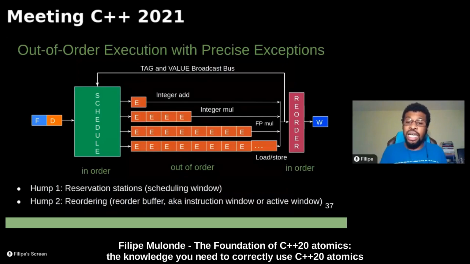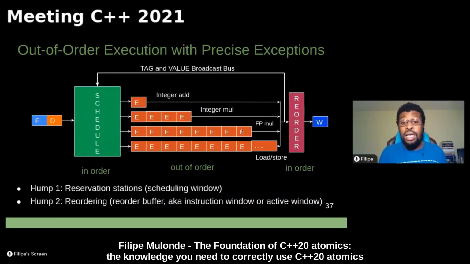The only thing is that we respect the flow dependencies, the true dependencies, but we will execute instructions out of order. We will not follow the program order. The only requirement in this machine is that all operands of the instruction need to be ready to be executed.